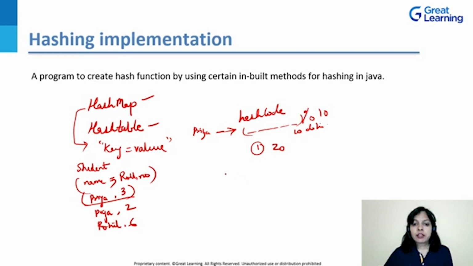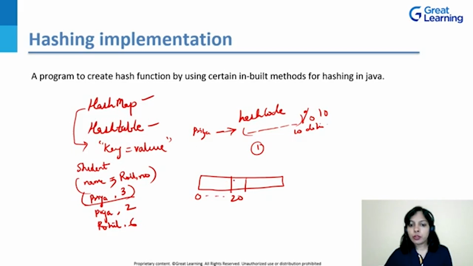So in that case, at the backend, at location 20, starting from 0, this information, Priya and its roll number, that is 3, both of these will be stored. Priya and 3. Getting it? Similarly, for the key Pooja, the name of the student, which will be passed to the hashing function, one hash code will be generated.